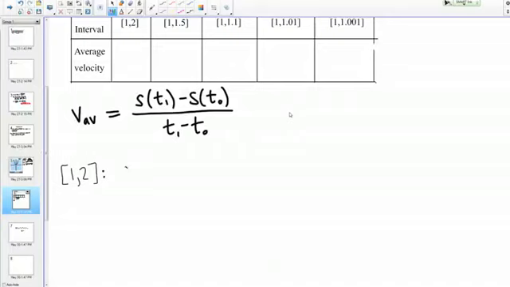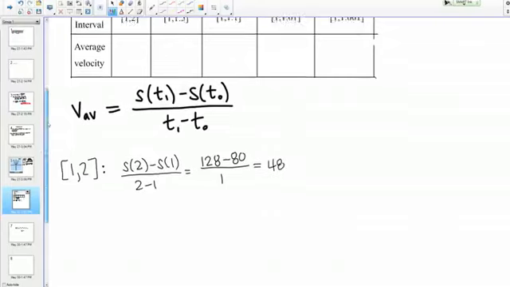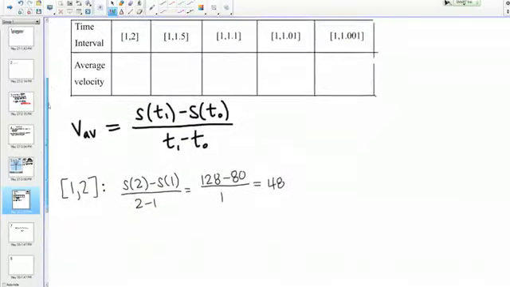My formula says it should be s of 2 minus s of 1 over 2 minus 1. I've already calculated these function values, so that's 128 minus 80 over 1. And if you work that out, you get 48. We need to do all these other intervals as well.